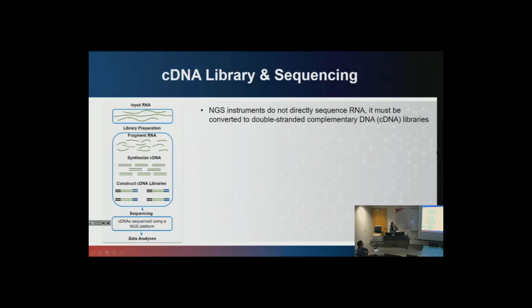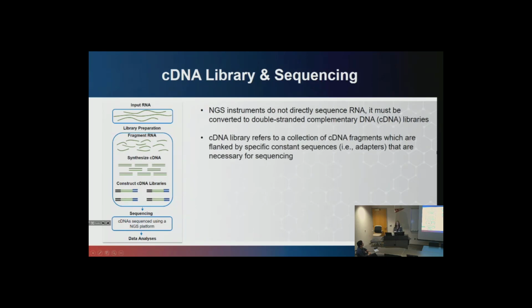RNA goes through several steps before it can be sequenced using current next generation sequencing instruments, because current instruments do not directly sequence RNA, they sequence fragments of DNA. So RNA must be converted to double-stranded complementary DNA libraries.